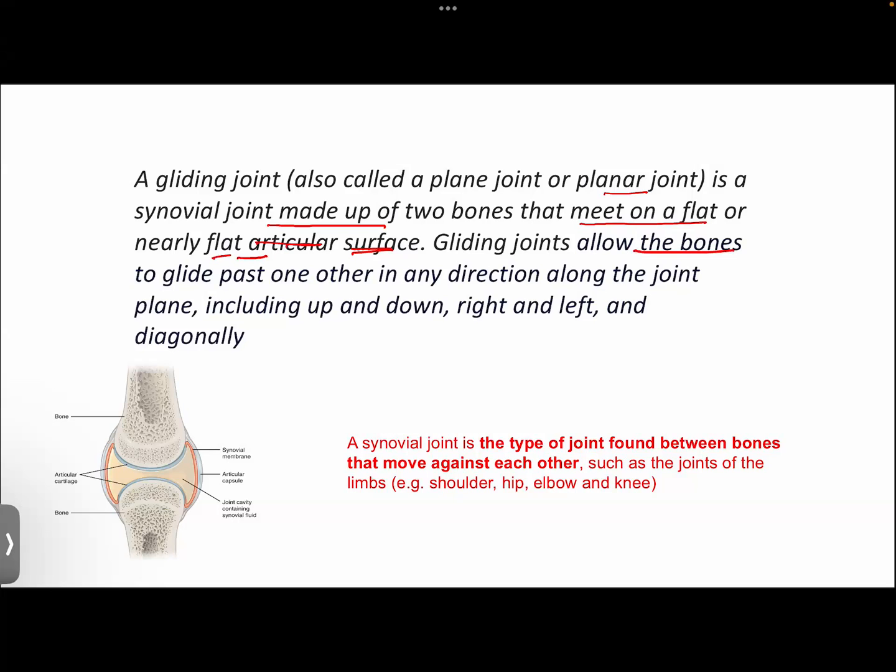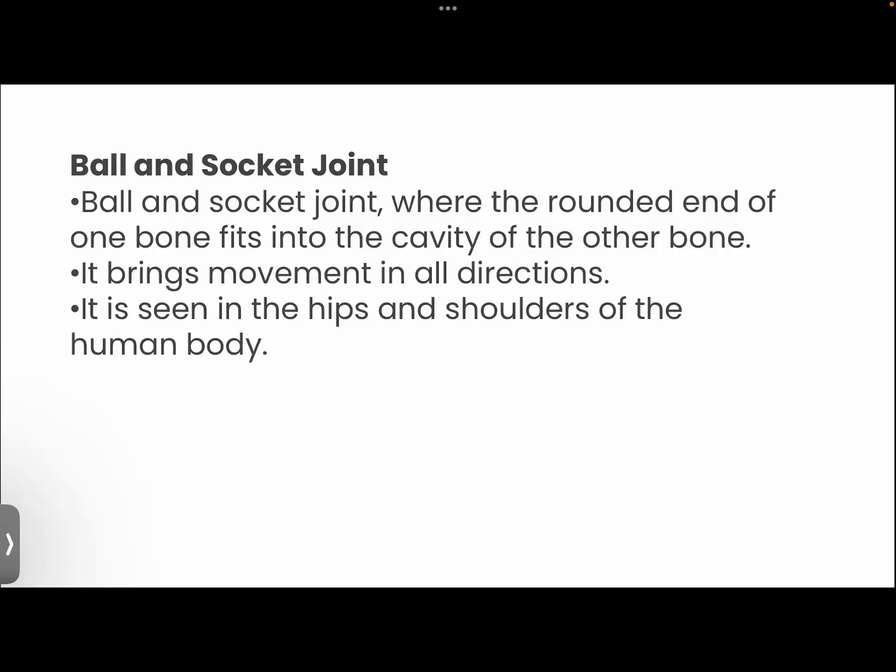It allows the bones to glide past one another in any direction along the joint plane, including up and down, right and left, and diagonally. Like for example, I can move my hand in this manner, and even in the diagonal manner also. That is the case of the gliding joint.